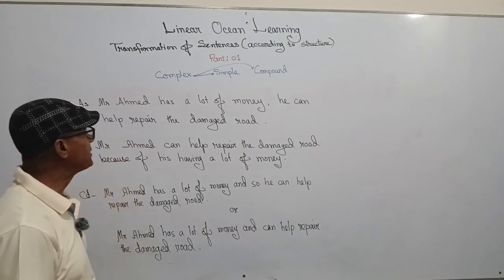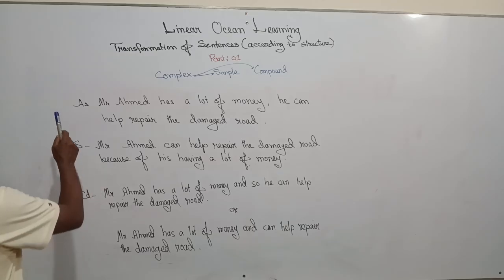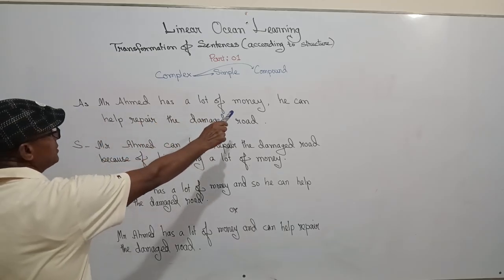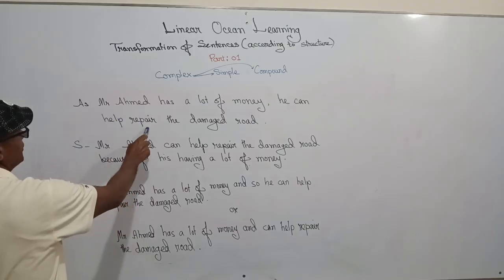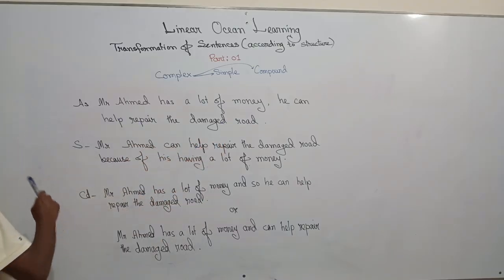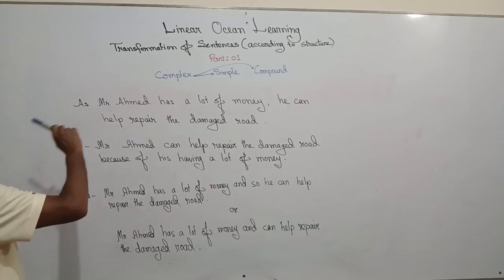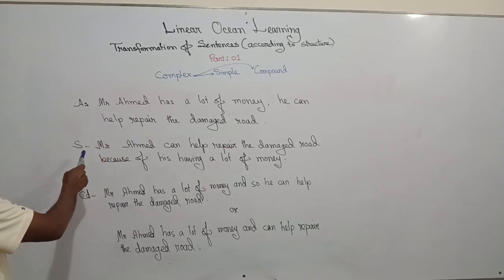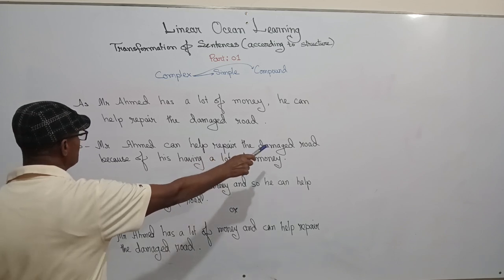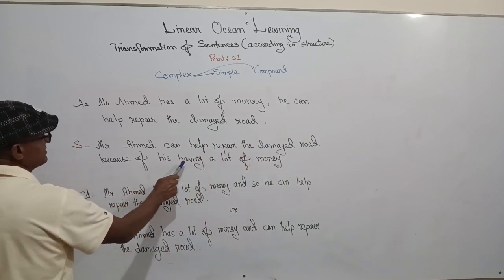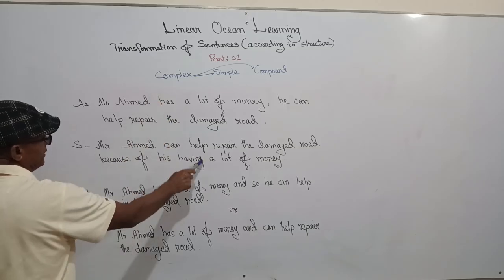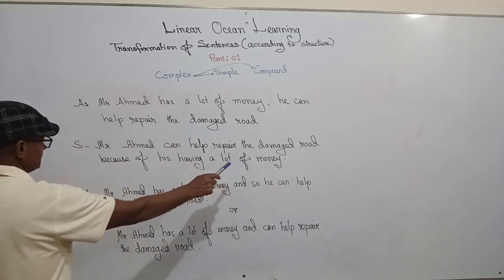Viewers, let me give another example. As or since Mr. Ahmed has a lot of money, he can help repair the damaged road. If we follow the previous structure, then it will be: Mr. Ahmed can help repair the damaged road because of his having, in place of has, it will be having, a lot of money.